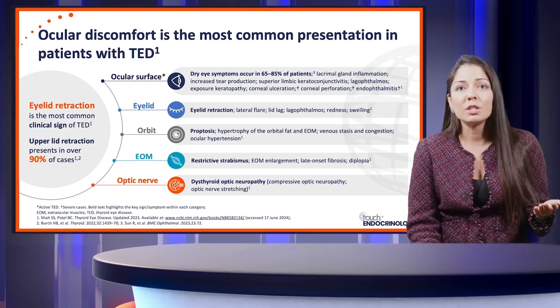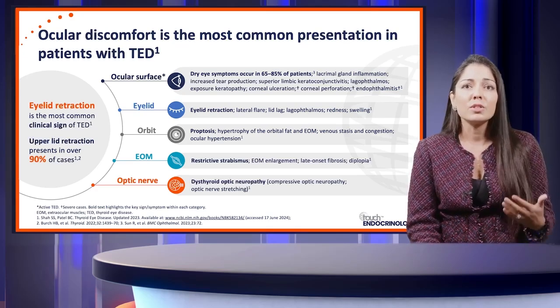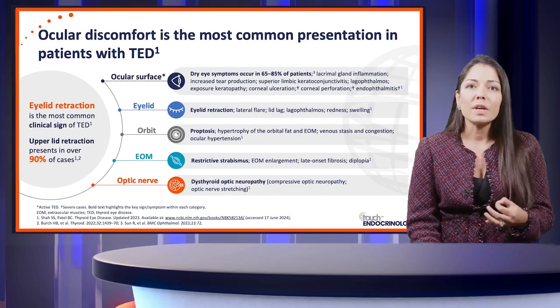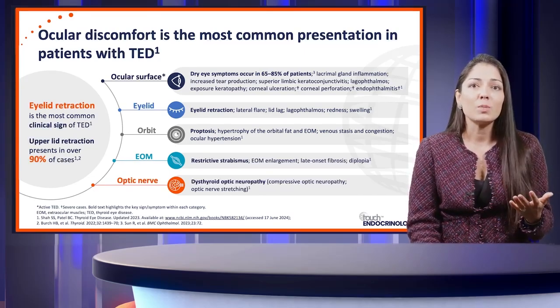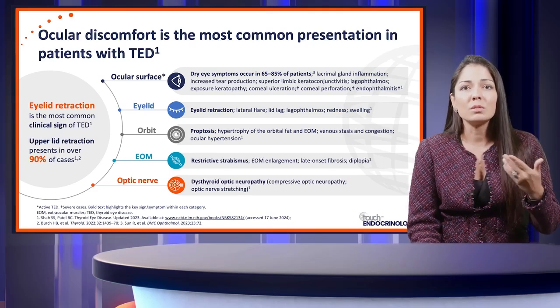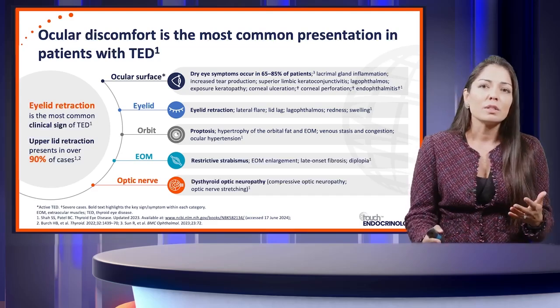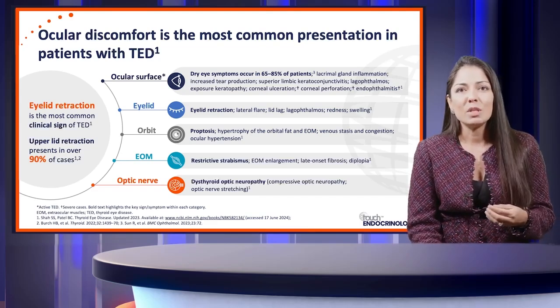And this can result in vision loss. This is one of the more severe and concerning final signs and symptoms of thyroid eye disease. Another thing that can happen is the cornea can be so exposed that it can break down, also leading to decreased vision.